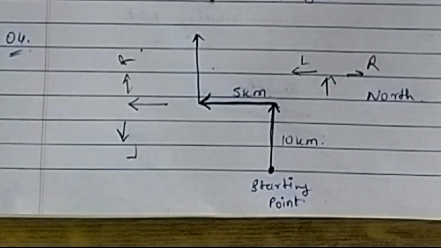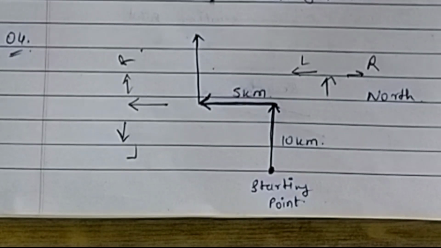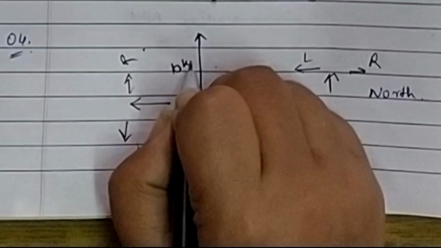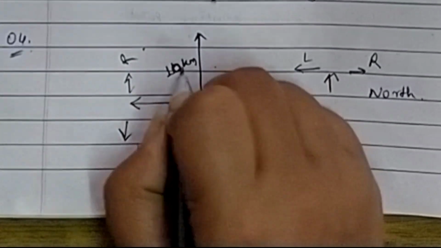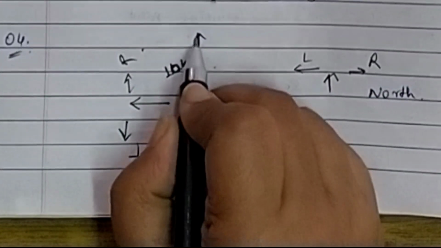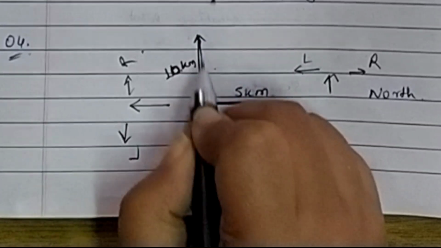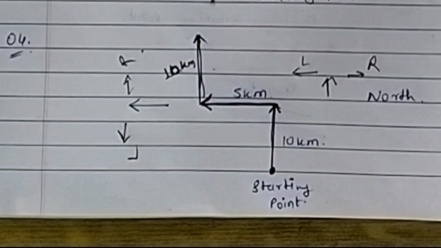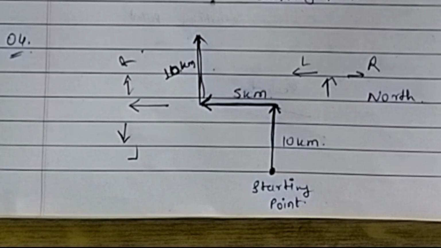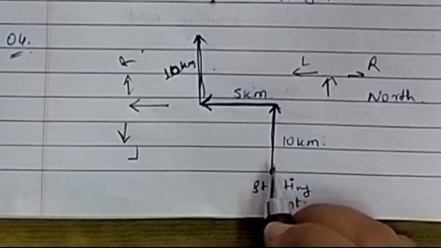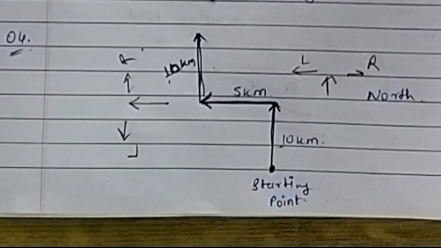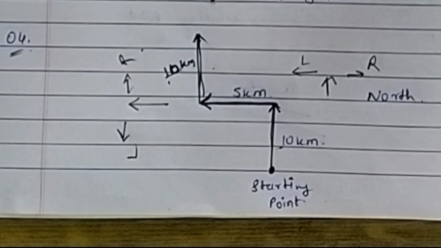So he took right turn and continued for 10 more kilometers. Taking right turn will be like this, and covered 10 kilometers. Now he has covered a total distance of 25 kilometers, like 10, 5 and 10 again, 25 kilometers so far.